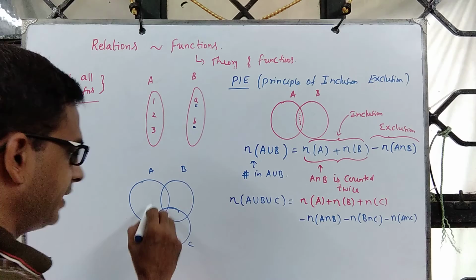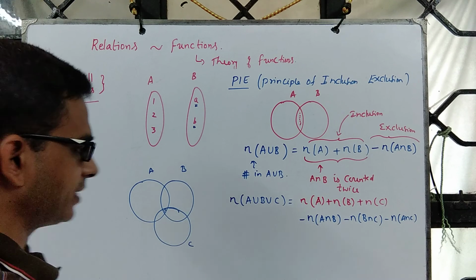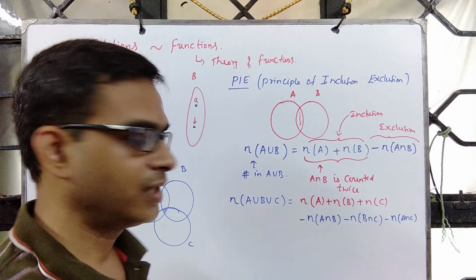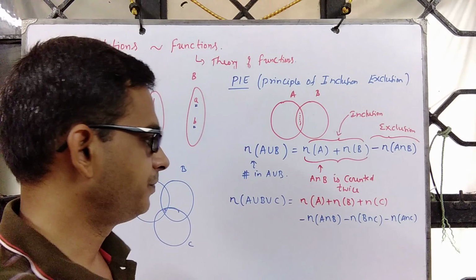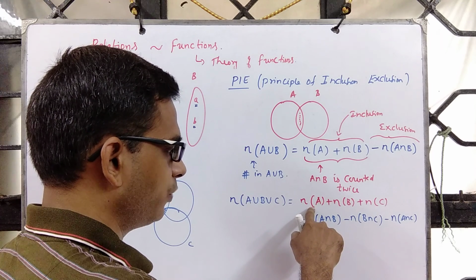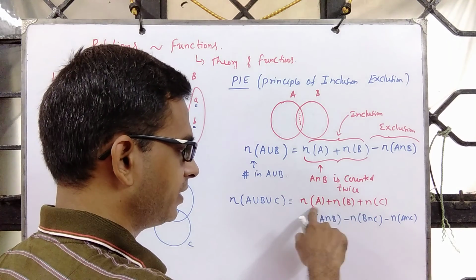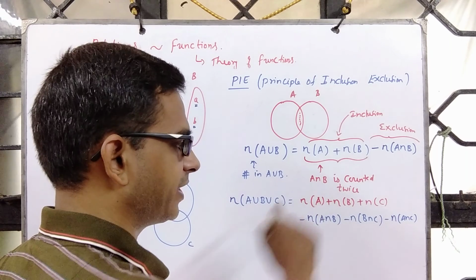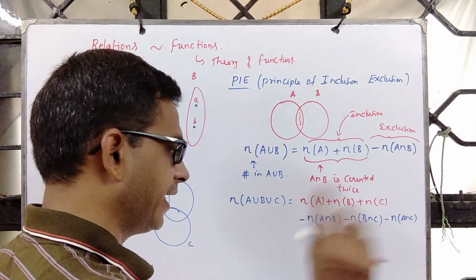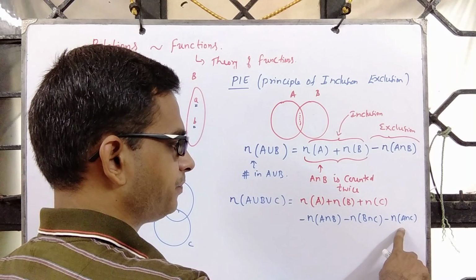Now what happens in the process? This part, A intersection B intersection C, is completely removed. A intersection B intersection C is counted once, twice, thrice. So three countings are happening as part of this, and the same thing is happening in the other intersections.